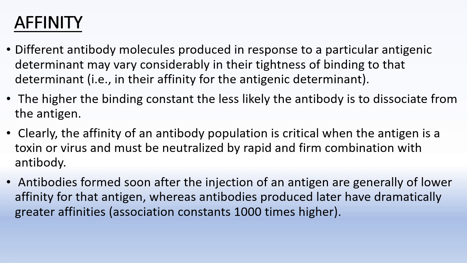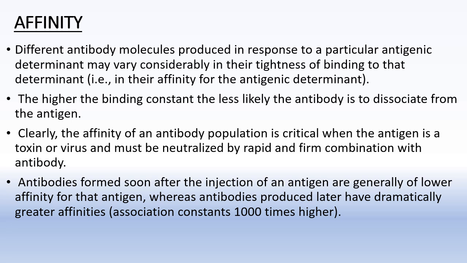Affinity. Different antibody molecules produced in response to a particular antigenic determinant may vary considerably in the tightness of binding to that determinant, that is, in their affinity for the antigenic determinant. The higher the binding constant, the less likely the antibody is to dissociate from the antigen.